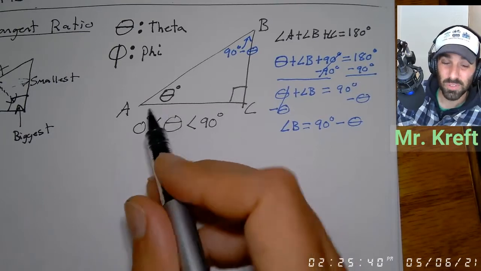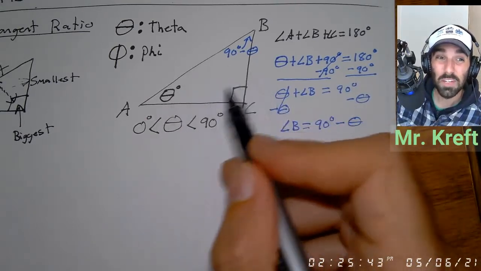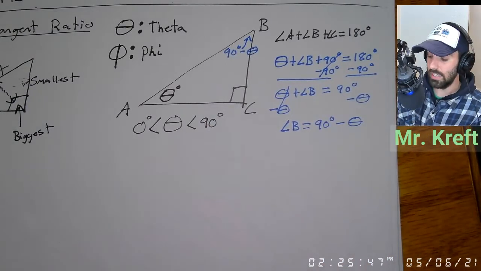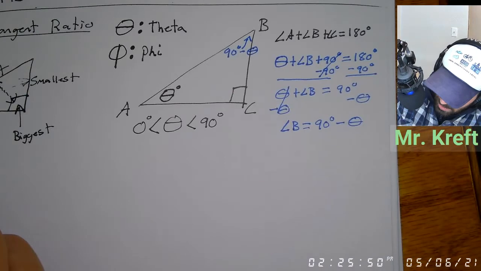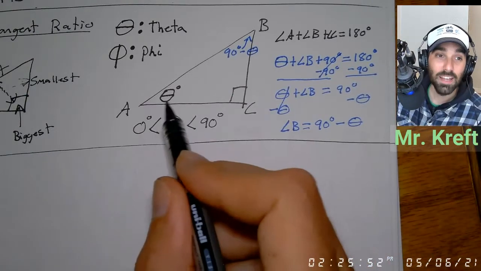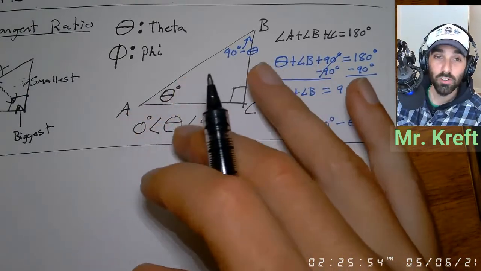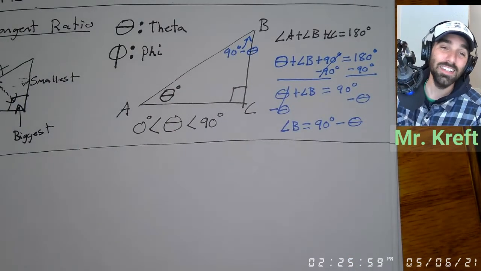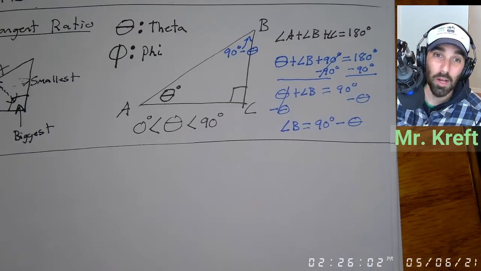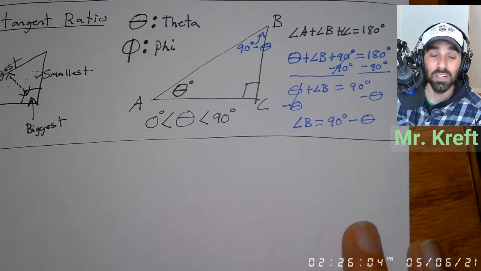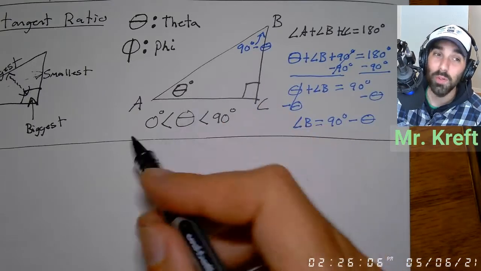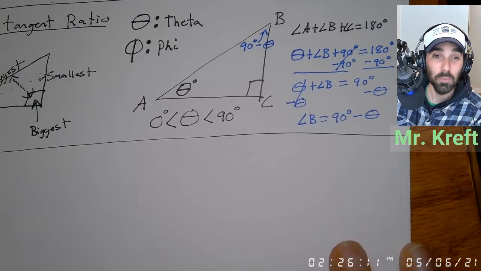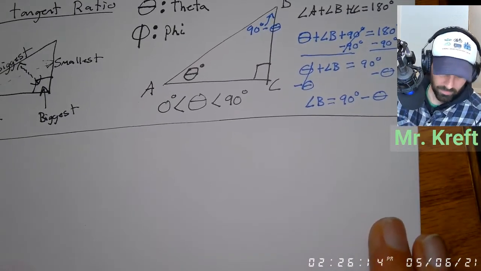So there's an infinite amount of angles that can be in here, which means there's an infinite amount of ratios that exist in these triangles. So we're going to have a function based off an angle that gives us ratios of sides, and that's essentially what trigonometry is all about. This is what we're going to be learning today, this ratio with this relationship. I hope this makes sense in a little bit, because I want you to understand what we're doing.